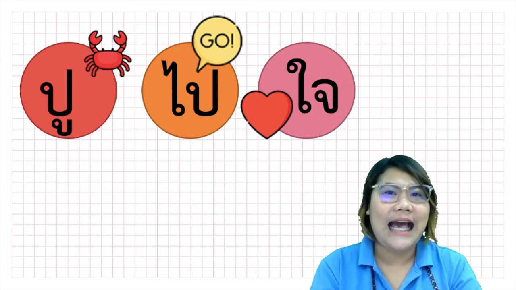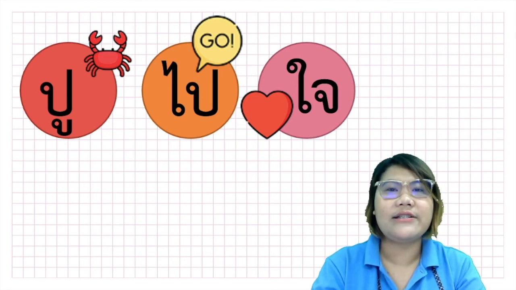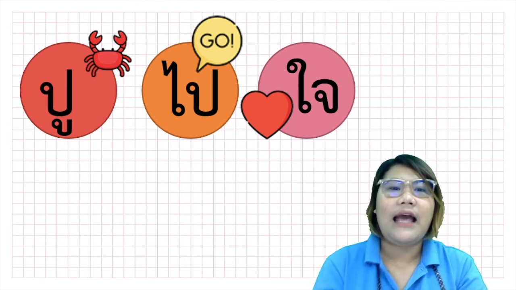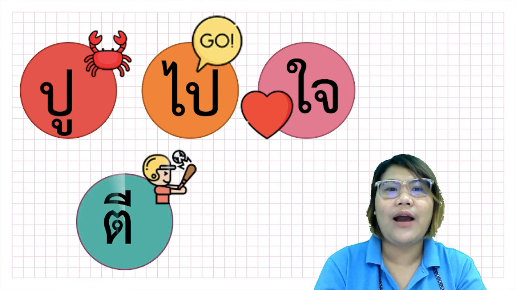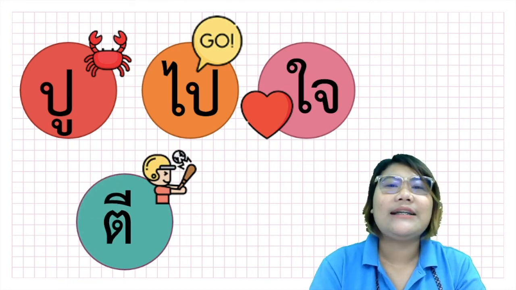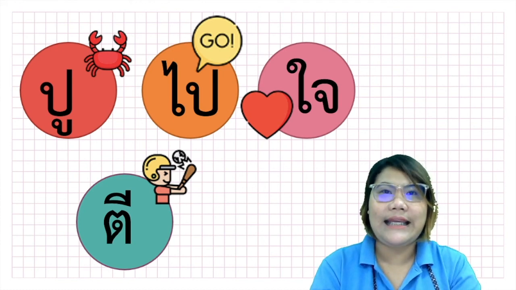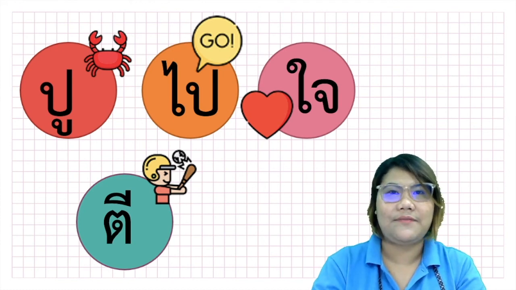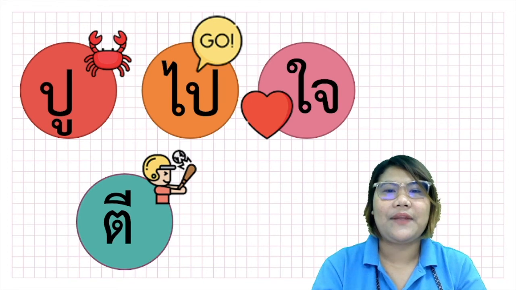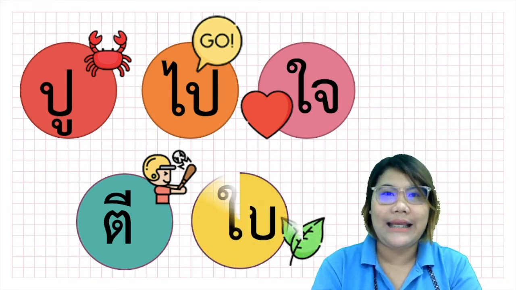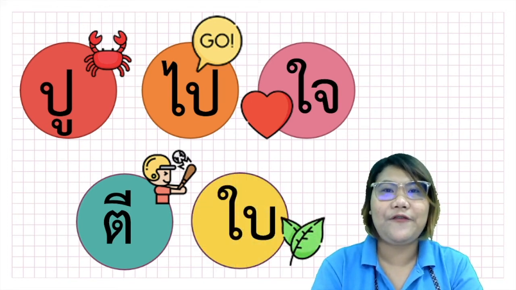Excellent. Jai, which means heart or mind. And the next one with the vowel E, can you read this word? Yes, T, which means to hit. And the last one is the word by, which means leave.